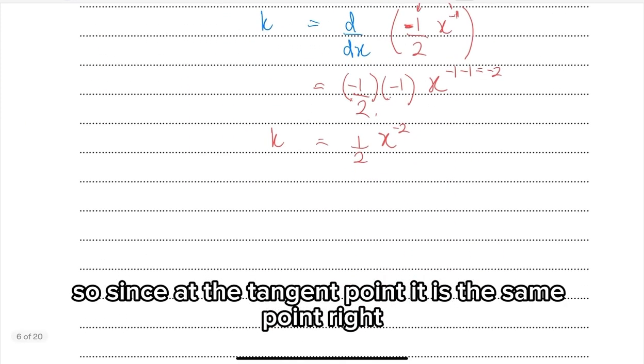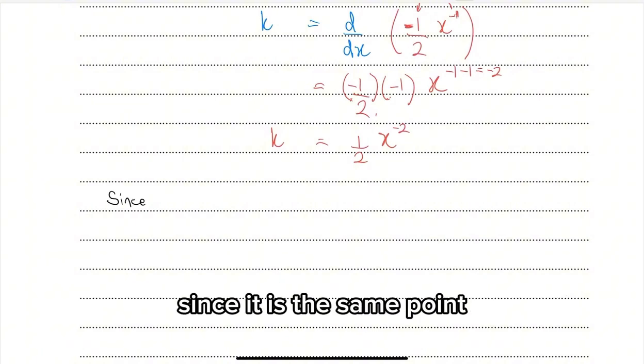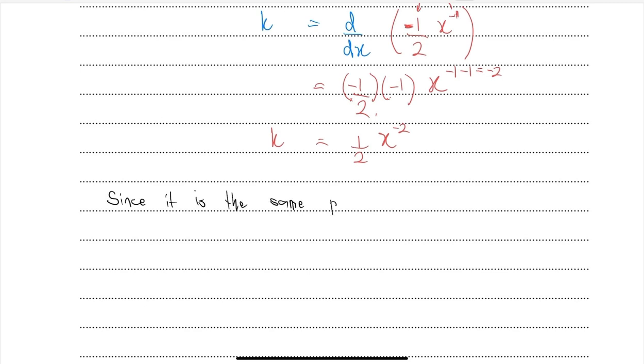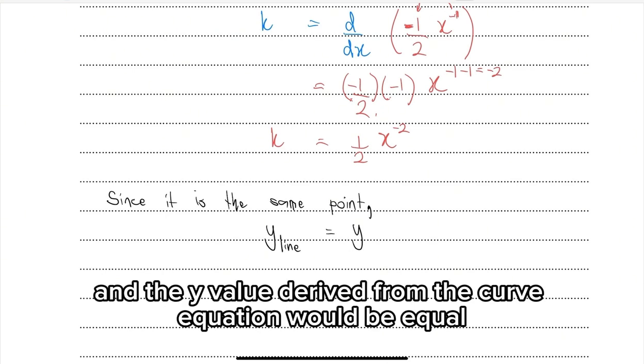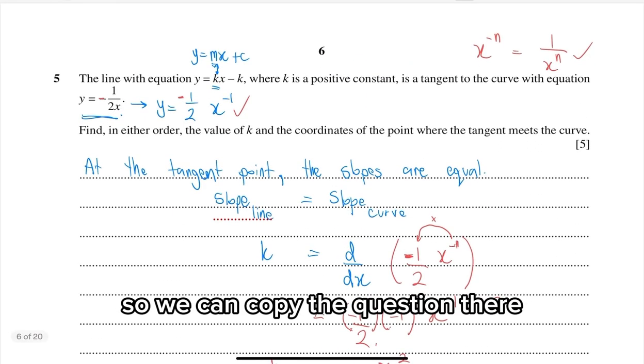So since at the tangent point, it is the same point, we know that the y value derived from the line equation and the y value derived from the curve equation would be equal. So we can copy the equations there.